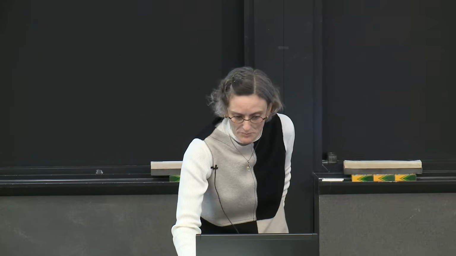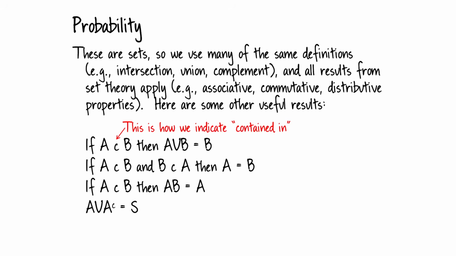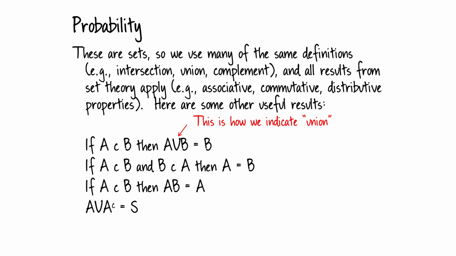I should point out a couple of notes about notation. The sign that looks kind of like a C is how we indicate contained in. This piece of notation is straight from set theory. And this capital U kind of thing is how we indicate union. Again, that notation is straight from set theory.